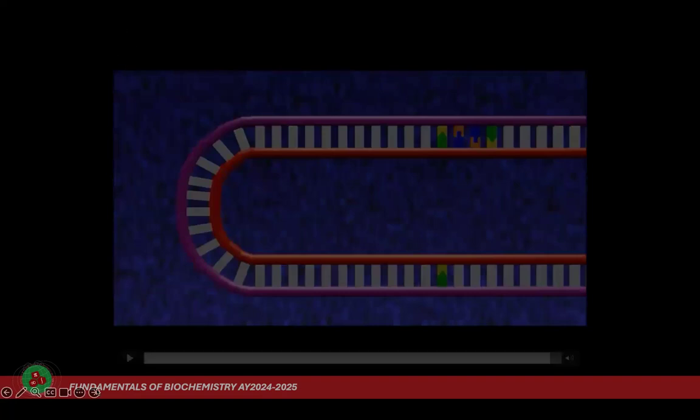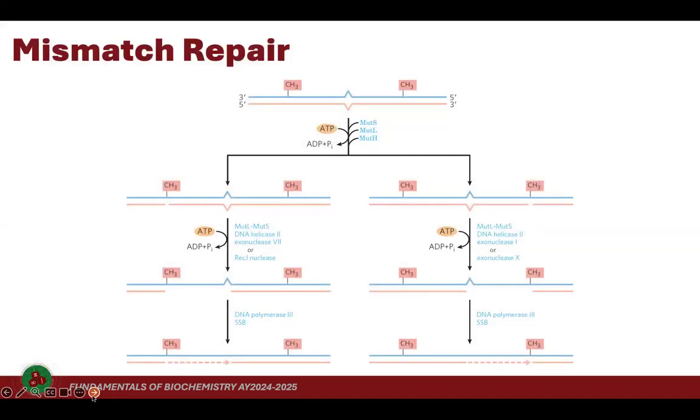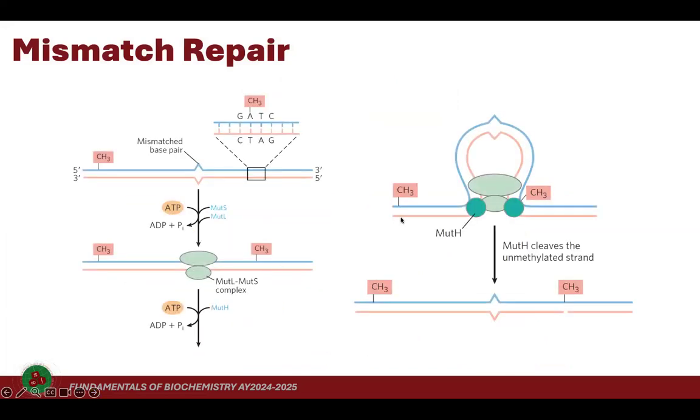So that is how your mismatch repair takes place. Let's take a look at what happens first once a mismatch is made. The MutS and the MutL will be recruited to the site of your mismatch.